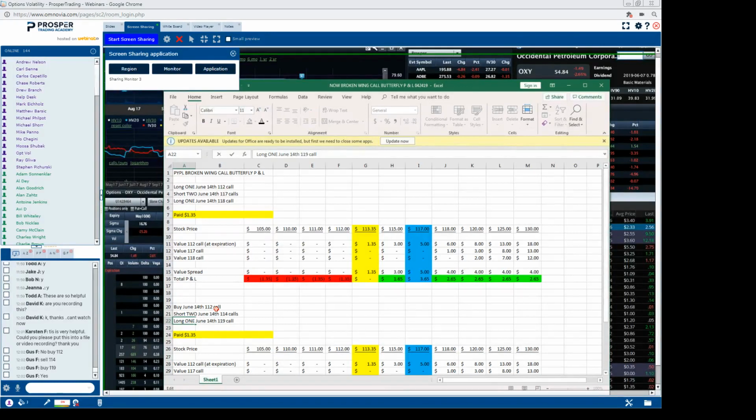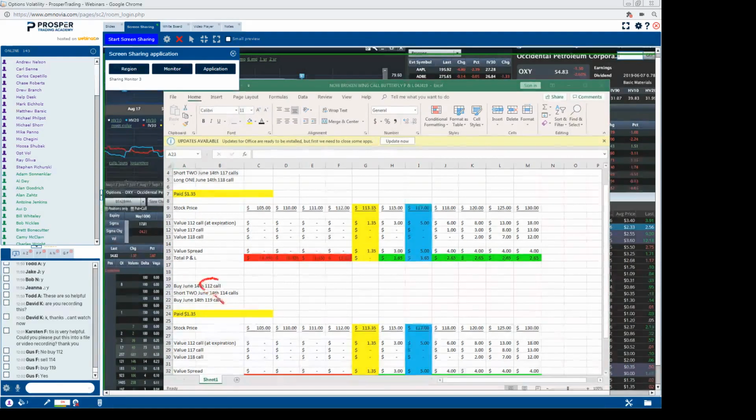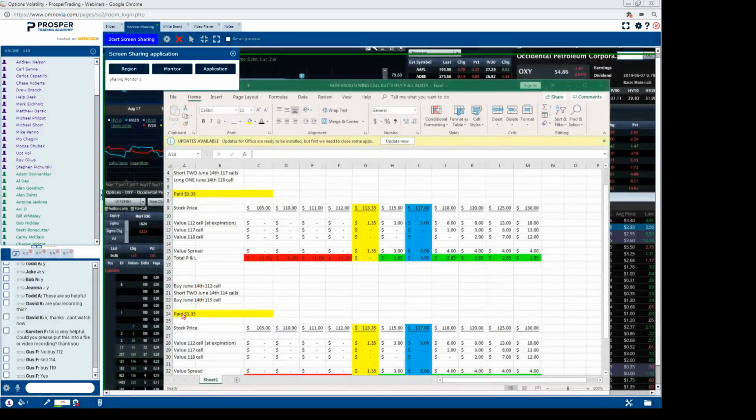So not only just reducing a debit, but actually turning this into a credit. Okay, so we have a long $2 wide call spread, right? The 112, 114, and then the other part of this butterfly is a short $5 call spread. And this would be done for a credit, Gus, you're saying, of 27 cents.